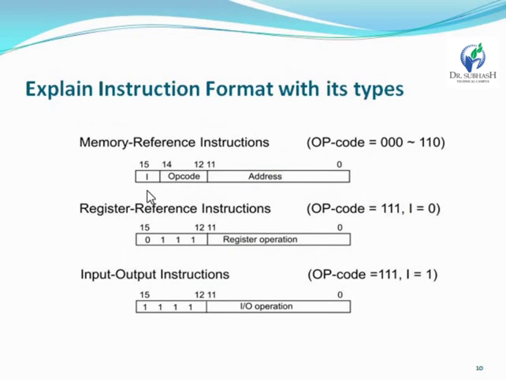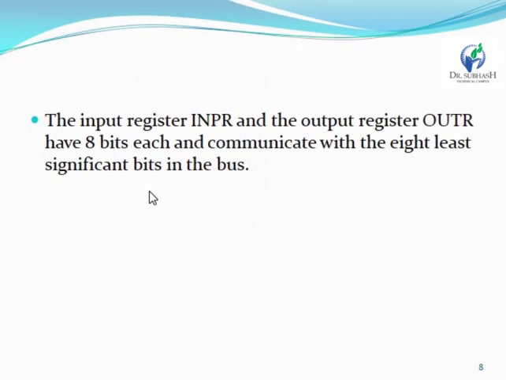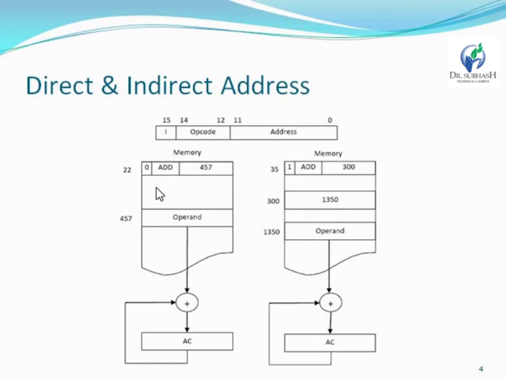So what is the indicator of I? I indicates direct address or indirect address. Direct address is indicated by 0, indirect address is indicated by 1. We can show that here. This is the direct address, indicated by 0. Then this is the indirect address, indicated by 1.